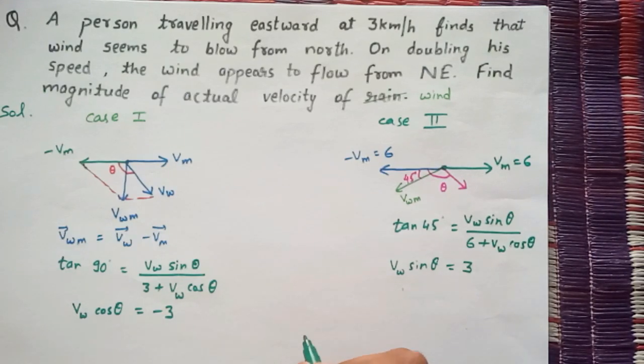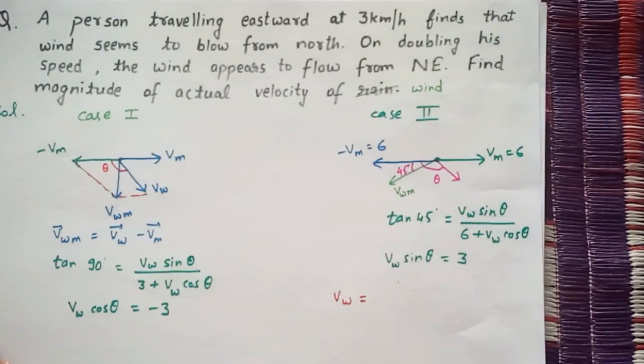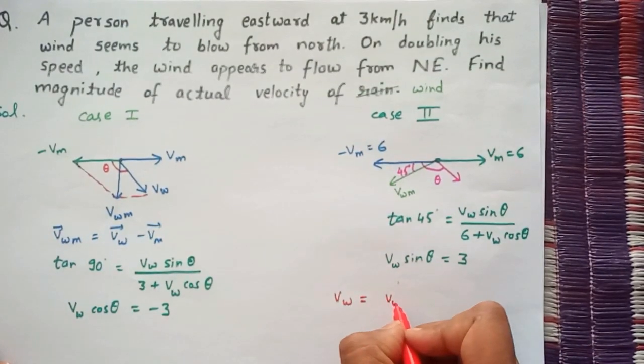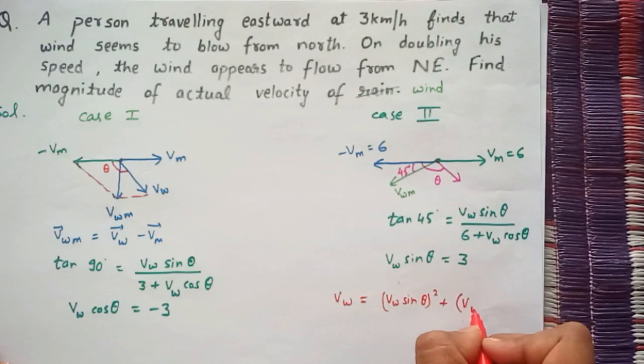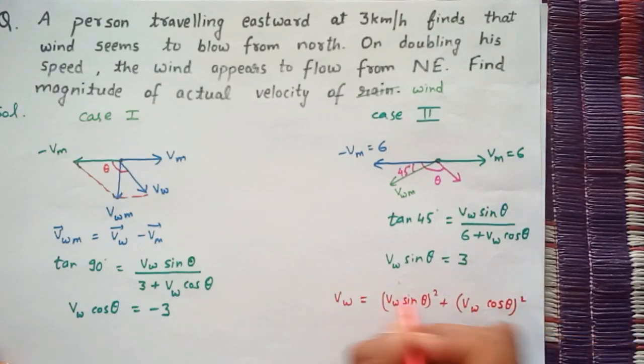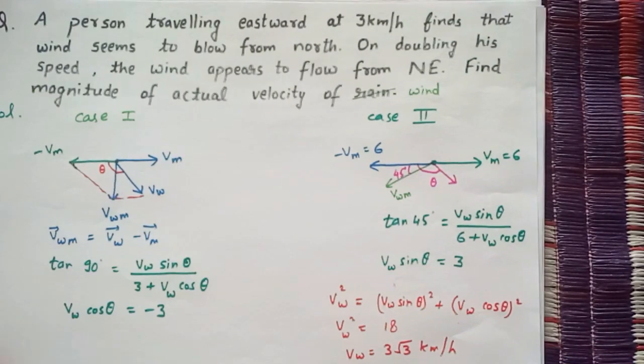By squaring each of them and adding them, I will get the value of VW. It will be VW sine theta square plus VW cos theta square, whole square. So it will be 3 square 9 plus 9, 18, VW square. So VW will be 3 root 3 kilometer per hour. So this is the actual speed of the wind.